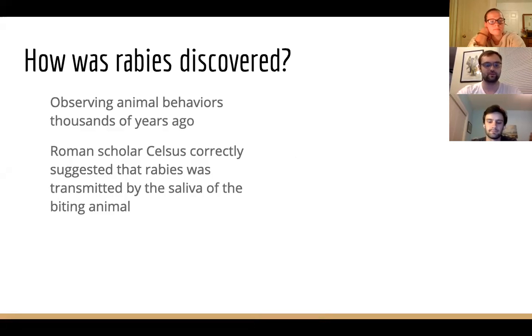Whenever people would observe abnormal behavior in animals, and these animals would become rabid and either bite someone or pass the virus to another animal, they began to notice more unusual behavior.